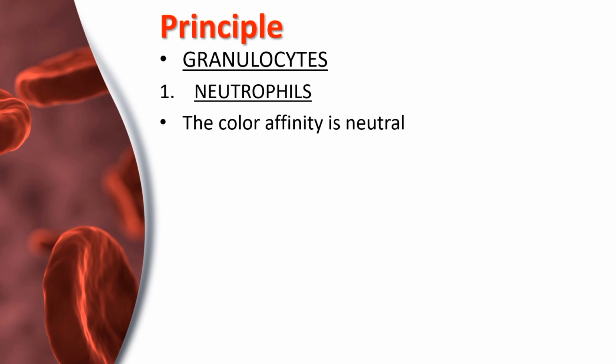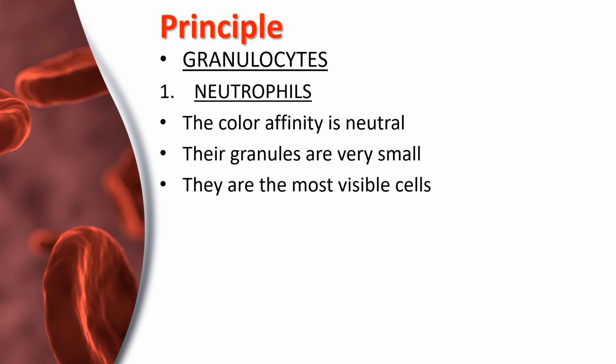Their granules are very small in diameter, and these granules take both acidic and basic dyes. Neutrophils are the most visible cells. They separately give a ground glass appearance.